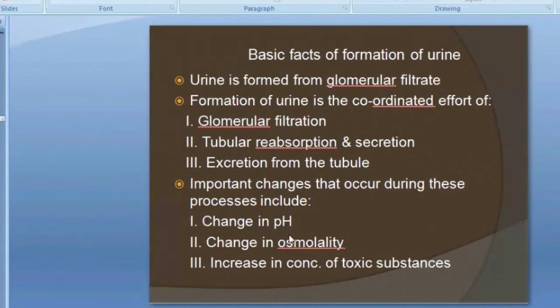One is change of pH, another is change in osmolality. Osmolality of urine, that means in concentrated urine, usually the urine that we pass is concentrated, much more. Osmolarity of the plasma, we know, is 300 milliosmol per liter, but osmolarity of the concentrated urine could be 1200 milliosmol per liter.